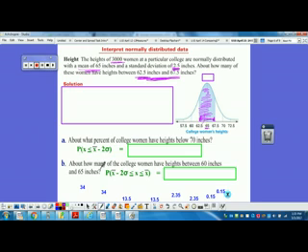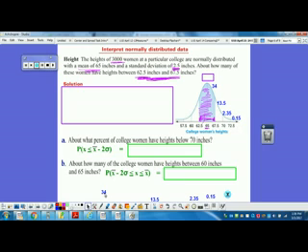So I need to know what my percentages are. I didn't add those in when I started, so I'm going to add those in. 34, 13.5, 2.35, and 0.15. Got that side labeled.